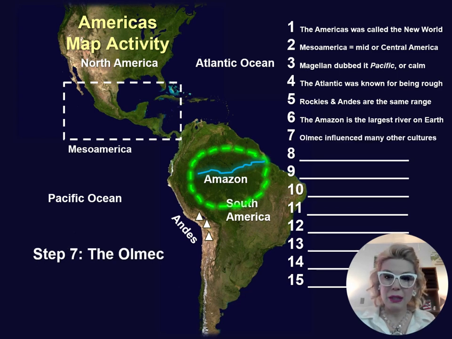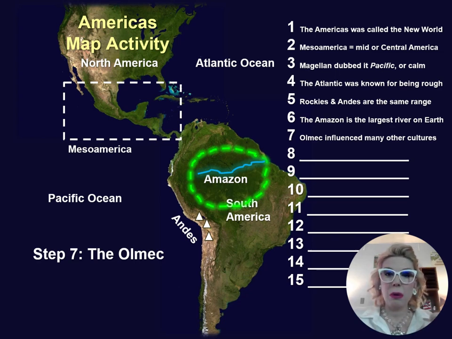So the Olmecs are probably going to be asked. In my other video, I have one just on Mesoamerica, and it talks about the Olmecs, Aztecs, Mayans, Incas, and the height of their reign and how they fell from ruling powers.